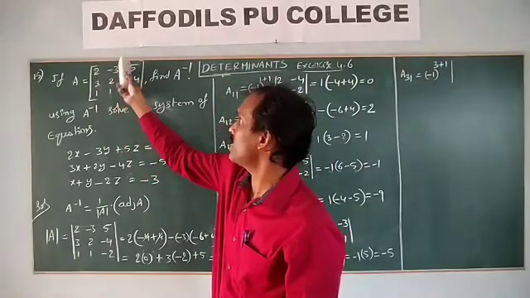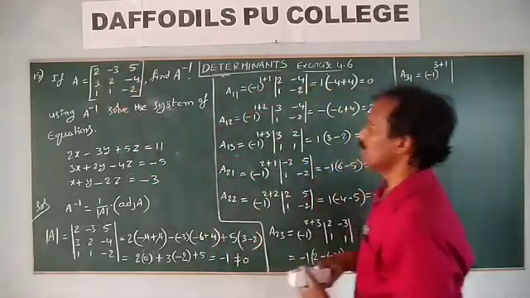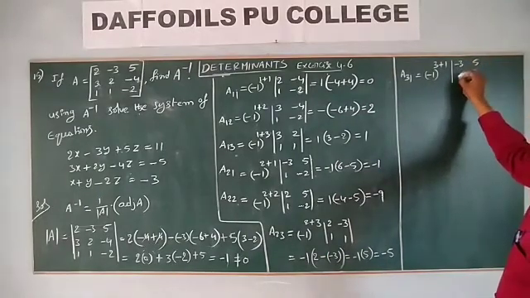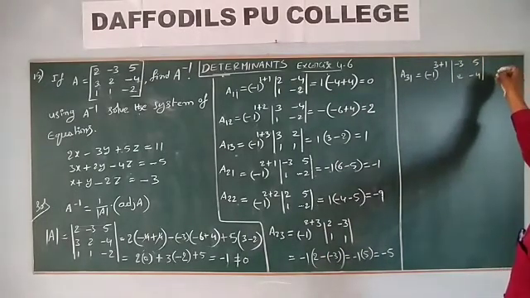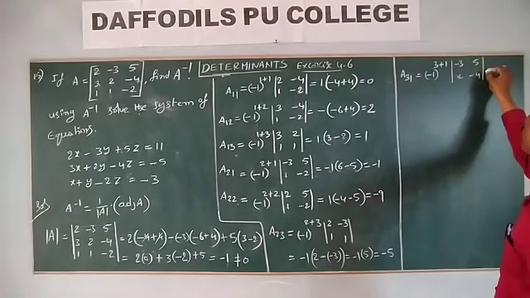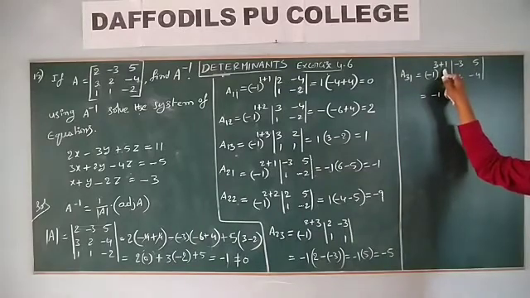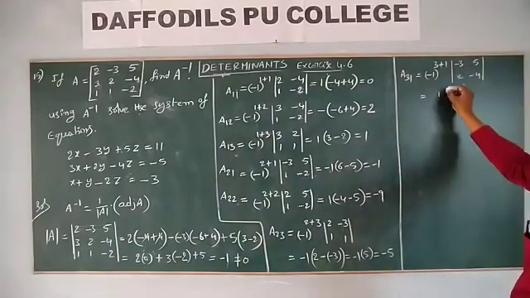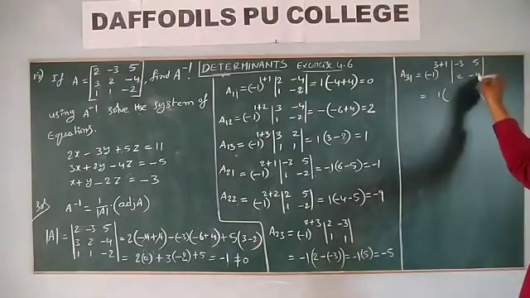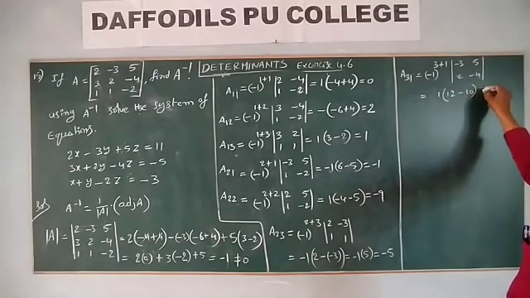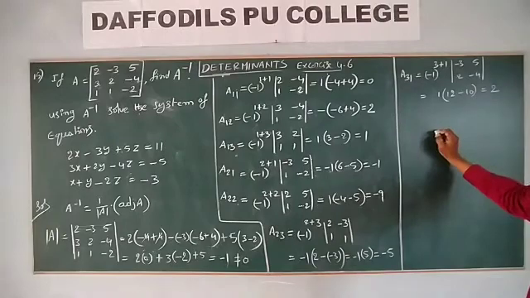What are the remaining elements? Minus 3, 5, 2 minus 4. This is equal to minus 1 to the power of 3 plus 1, even number, so plus 1 of minus 3 minus 4 plus 12 minus 10. Answer is 2.